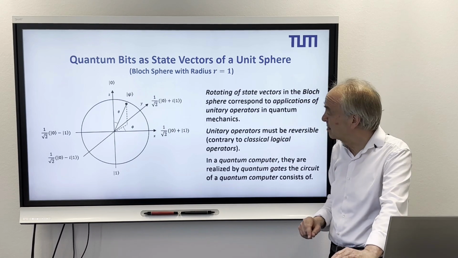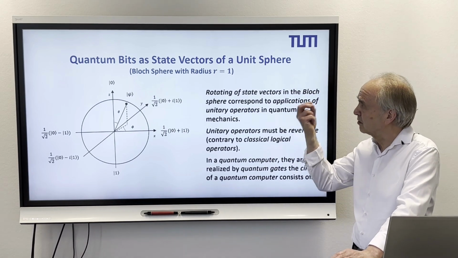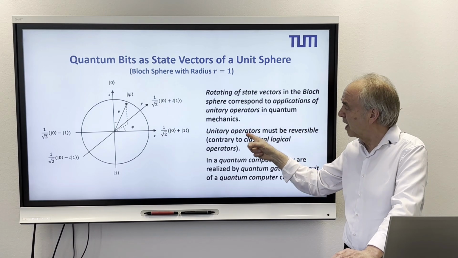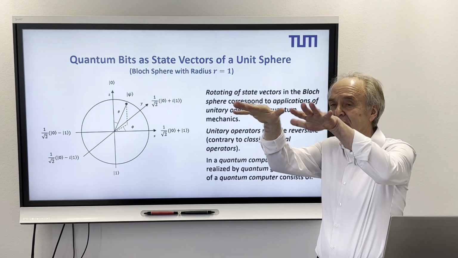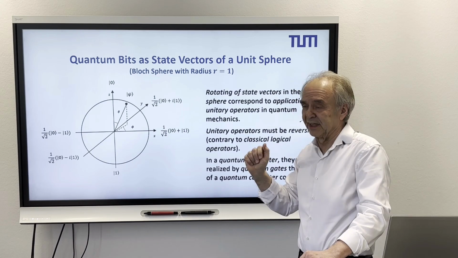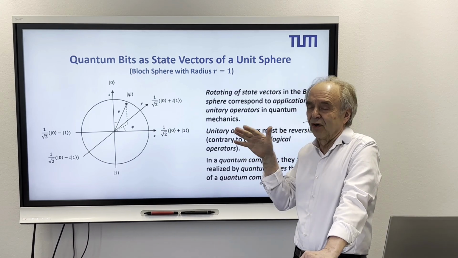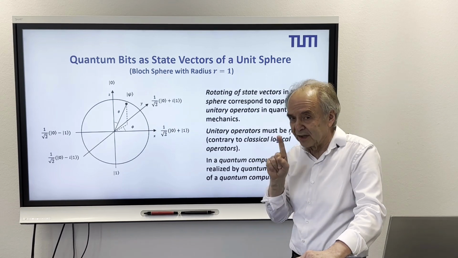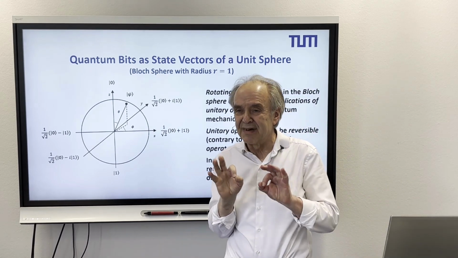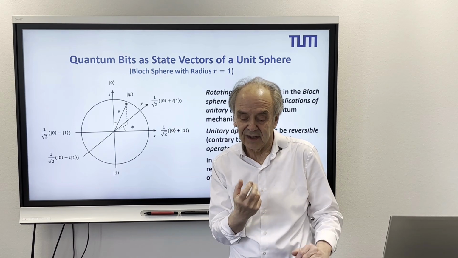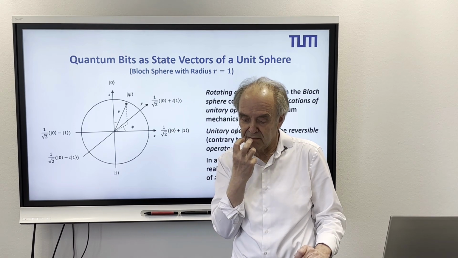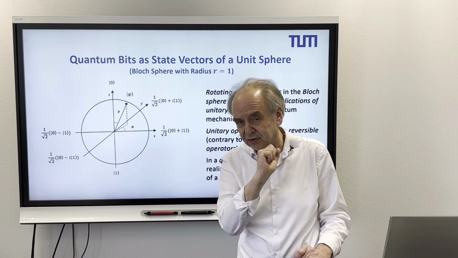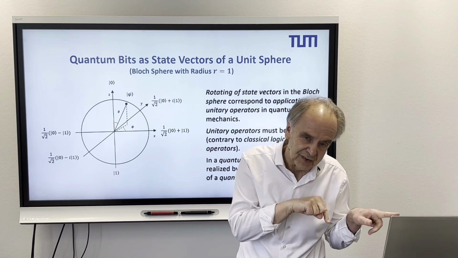The point is that these state vectors are interpreted in the quantum formalism as so-called operators. The operators in the quantum formalism must be reversible. That is a first main difference to the logical connectives in the classical world.